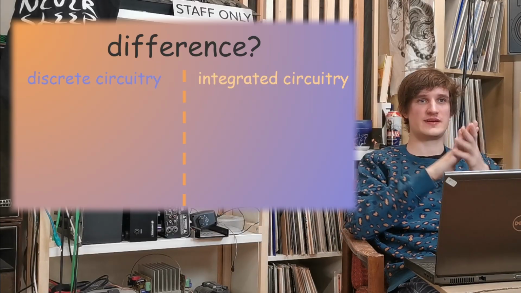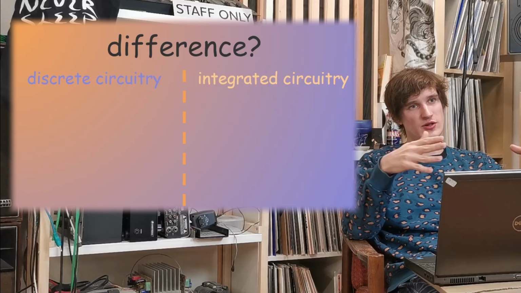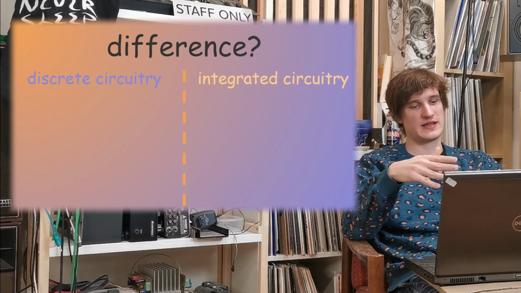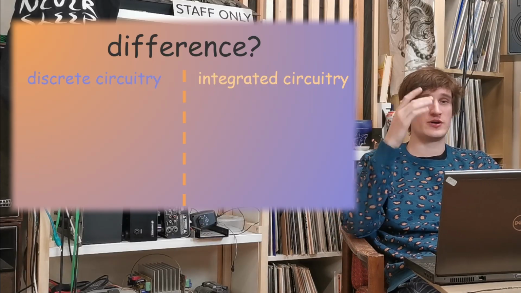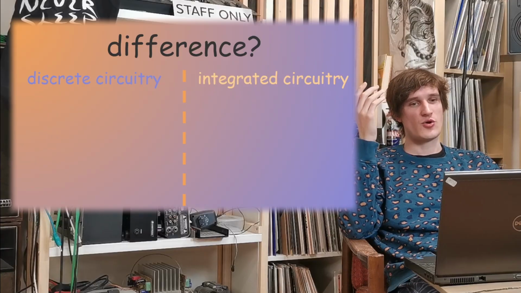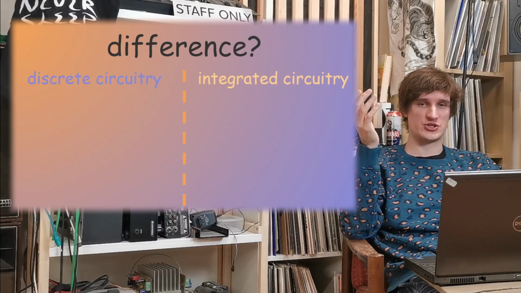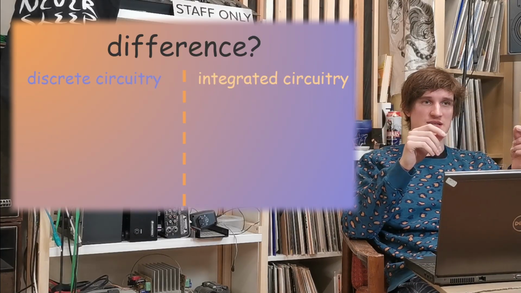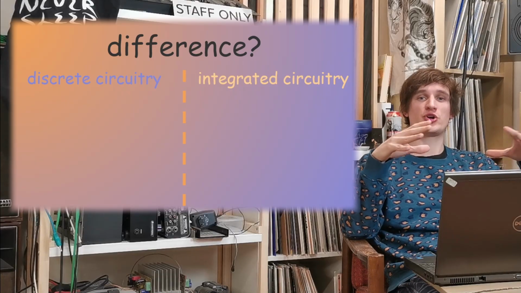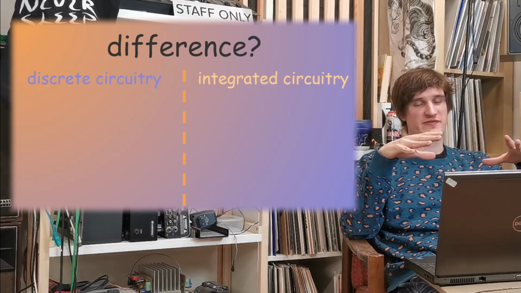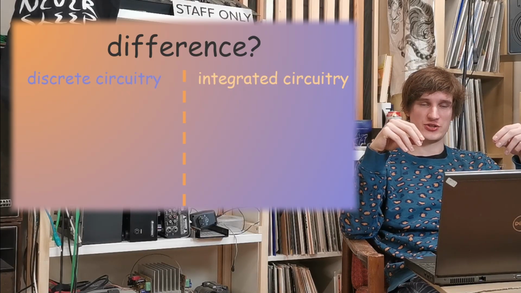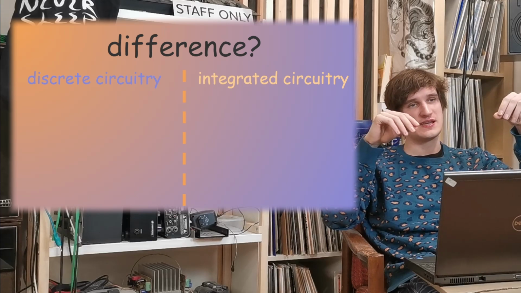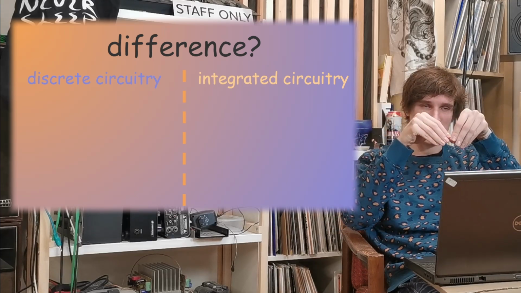In audio and basically in all electronic fields, people sometimes want to use discrete circuitry because it gives you more control. As I mentioned before, integrated circuitry is just components fitted in the chip.